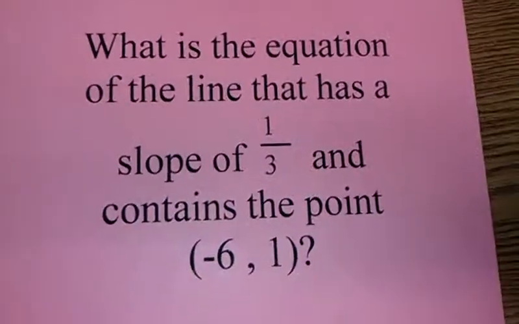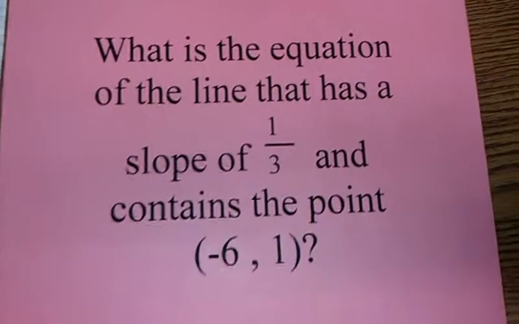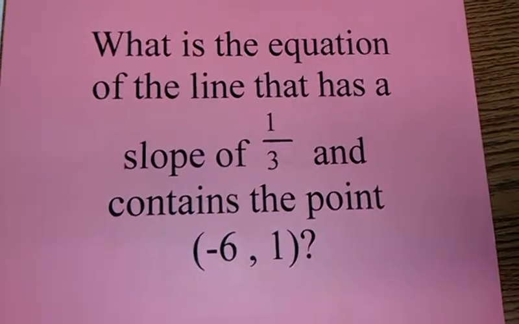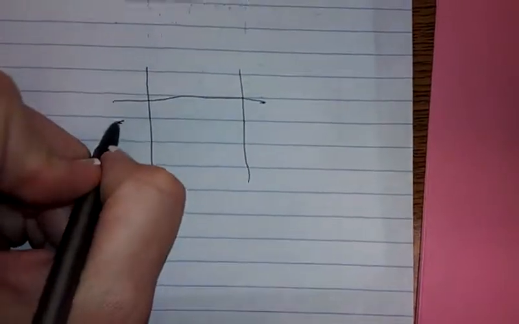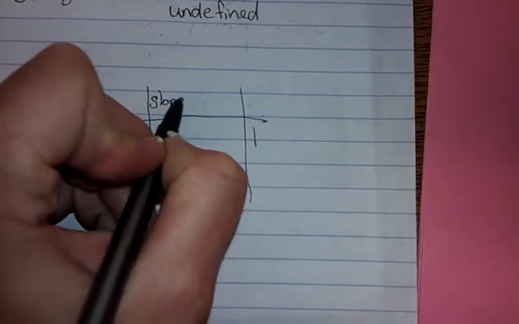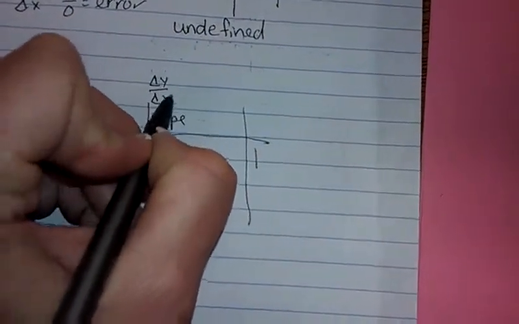Then the next one says, what is the equation of a line that has a slope of 1/3 and contains the point (-6, 1)? Well, it just saved us some trouble when we went to go build our table. I will come over here and build a table. I will put in there the point -6, 1. It told me my slope already. The slope is 1/3. Remember, slope is delta y divided by delta x.